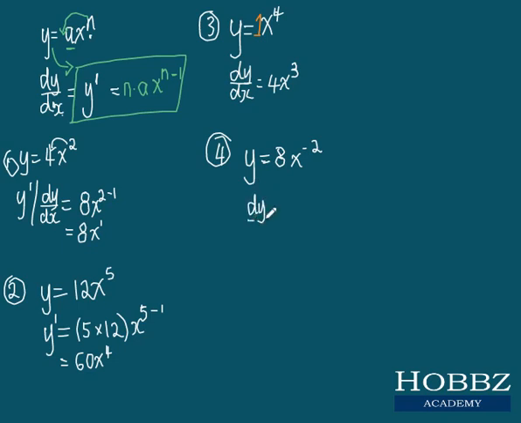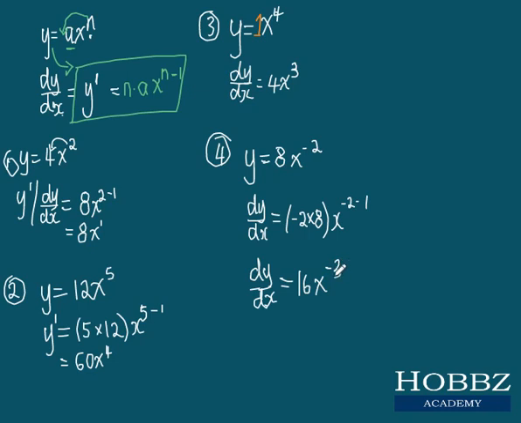So the derivative of y with respect to x is equal to negative 2 times 8, x to the exponent negative 2 minus 1. dy over dx, negative 2 times 8 is negative 16, x to the negative 3.